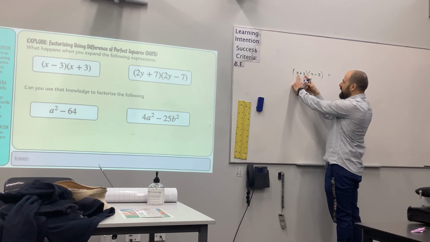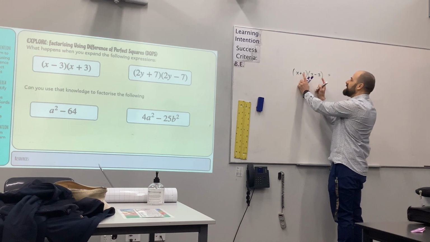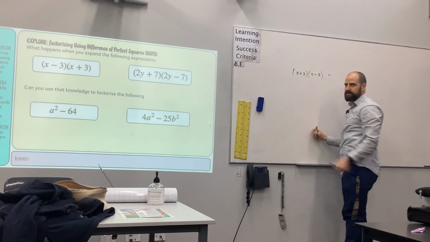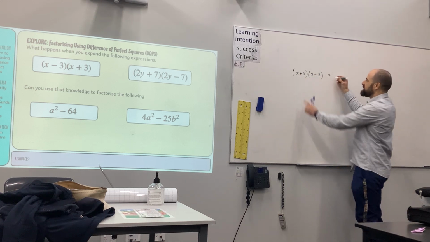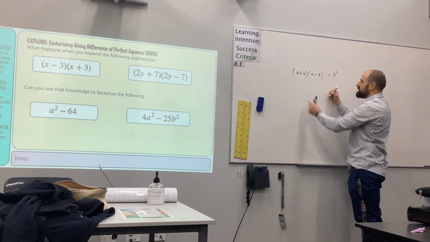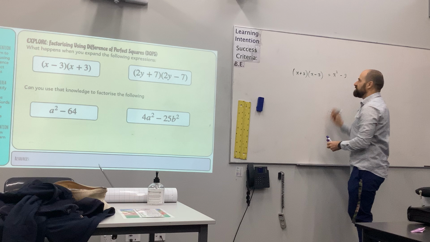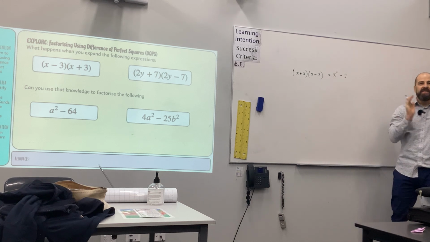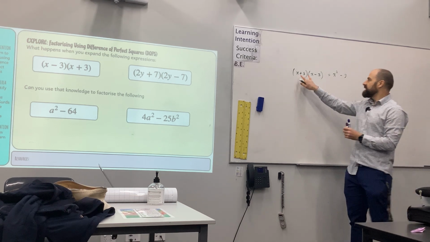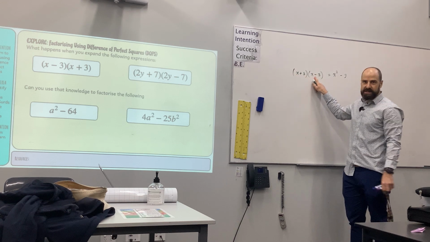When we have the same terms in both the first and second part of the bracket, except one of them's a plus and one of them's a minus, the shortcut is I can just go x times x is x squared, and 3 times negative 3 is negative 9. This only works because they are the same terms and one has a plus, one has a minus.